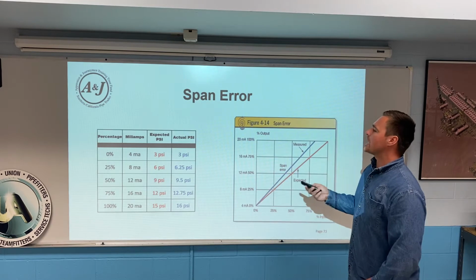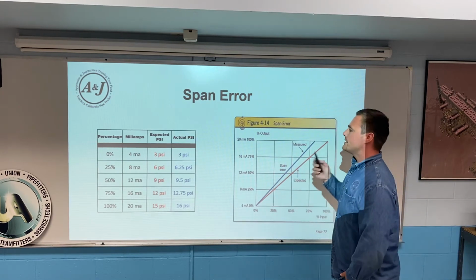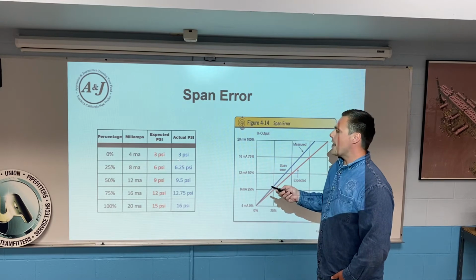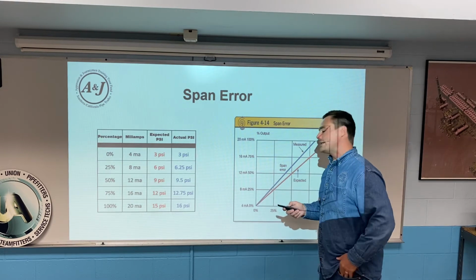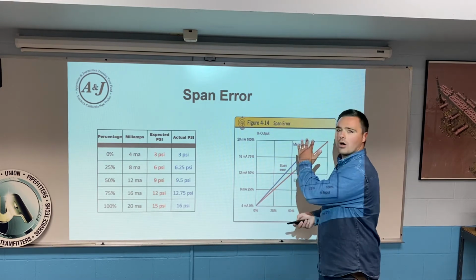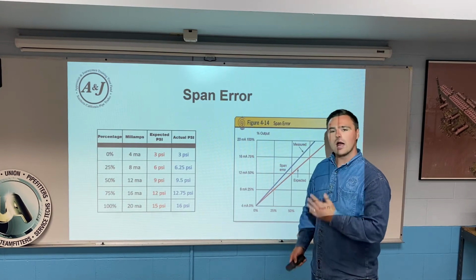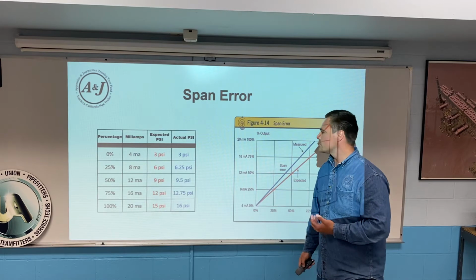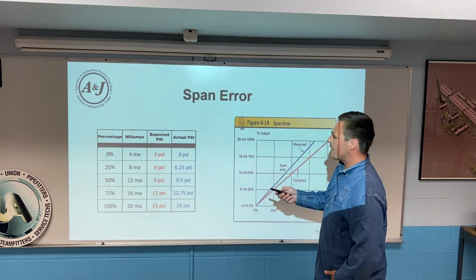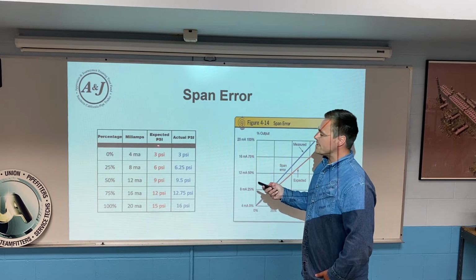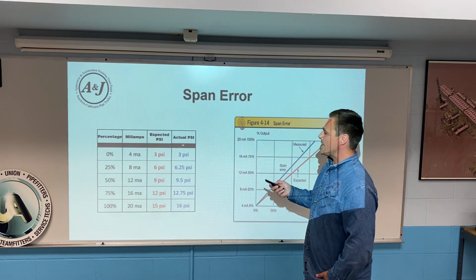The next common type of error we can expect to see is span shift error. Span shift error begins at an acceptable starting point, and it diverges from our expected value, and the error increases throughout our total range. So it begins at an acceptable value. At 4 milliamps in, we're expecting 3 psi out, and we do have 3 psi out.